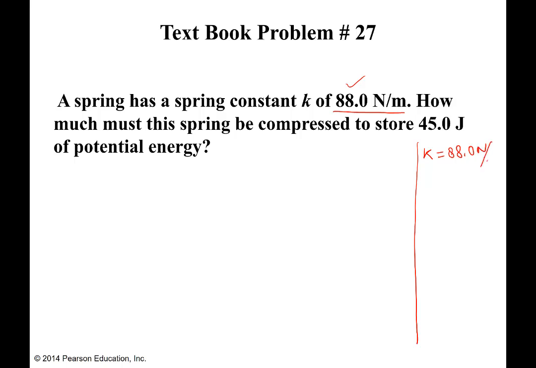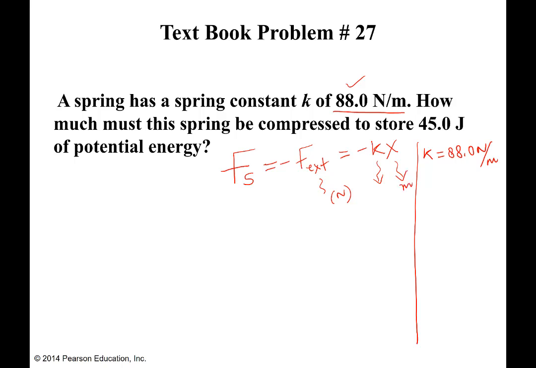88.0 newtons per meter. By the way, I forgot to mention why we have newton per meter for the spring constant. Spring force is equivalent to minus the external force, which is equivalent to minus kx. Force is measured in newtons. How will we measure k then? x is measured in meters.